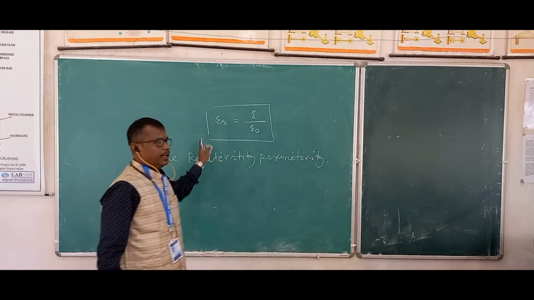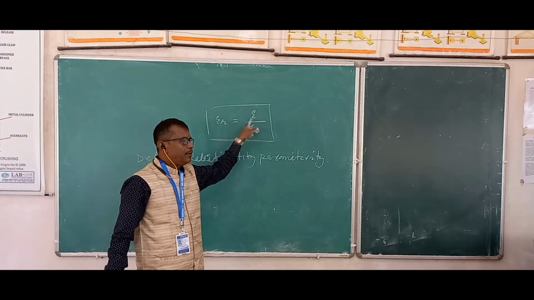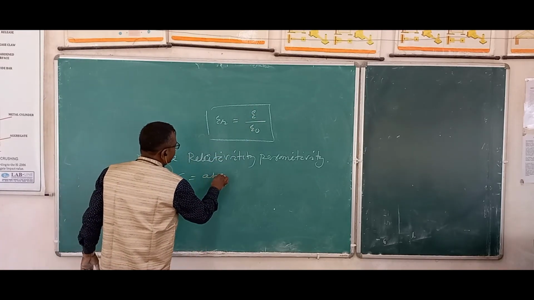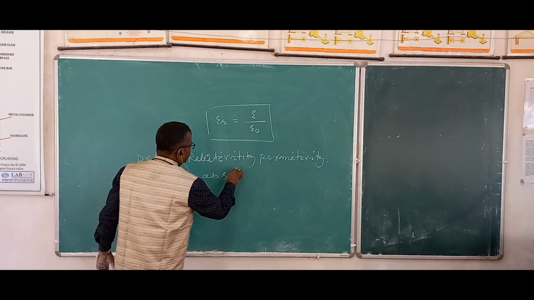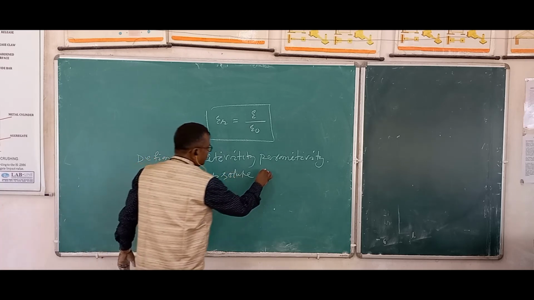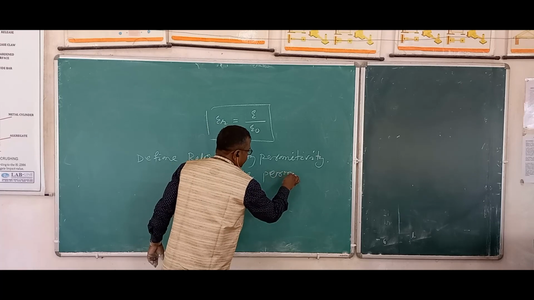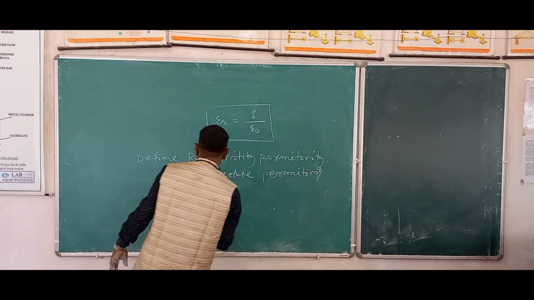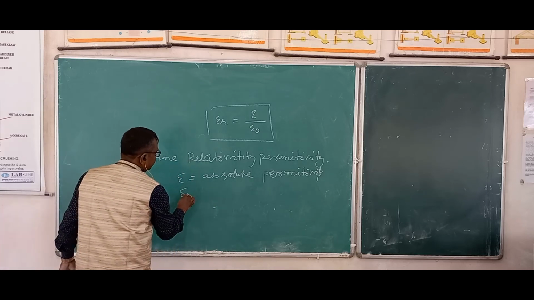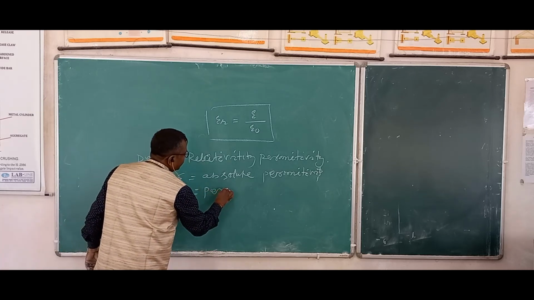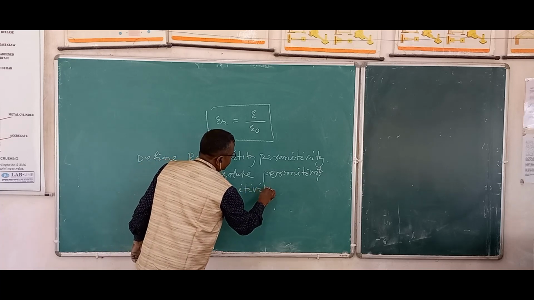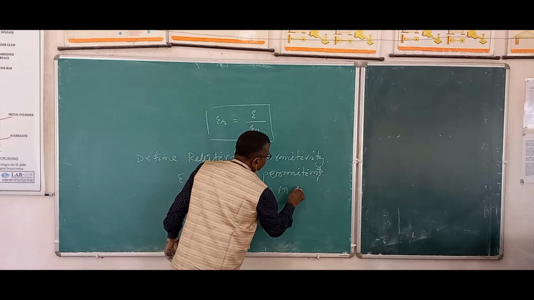That is the ratio between absolute permittivity, epsilon, and epsilon 0, permittivity in free space.